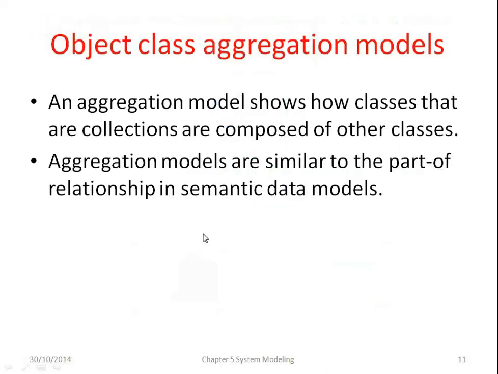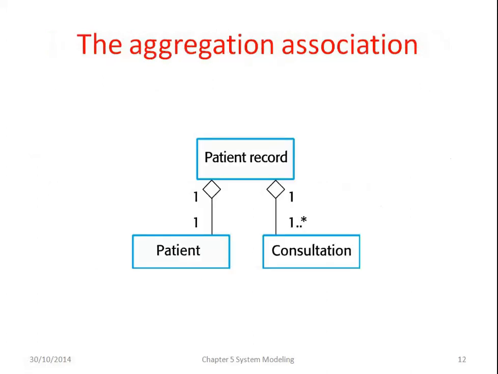And the object class aggregation models. What do you mean by object class aggregation models? An aggregation model shows how classes that are collections are composed of other classes. All the classes that are collections composed of other classes are called aggregations. Aggregation models are similar to the part-of relationship in a semantic model.